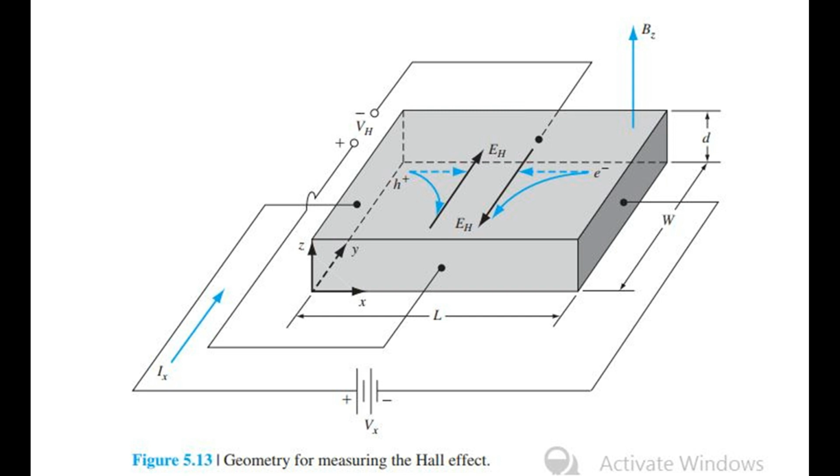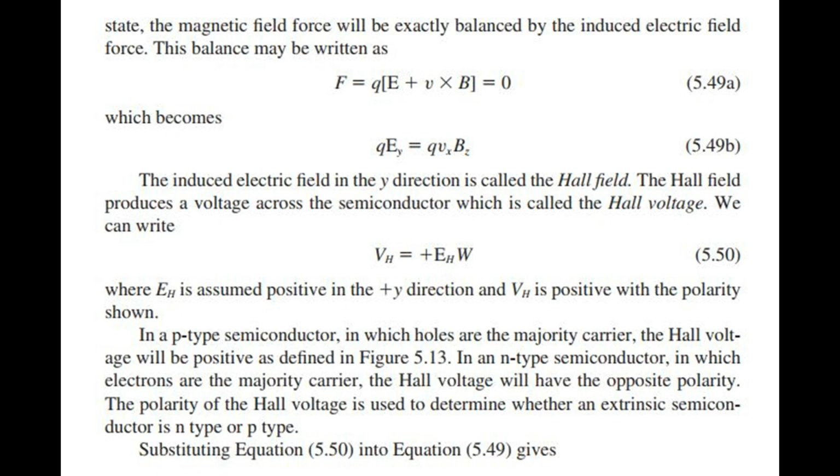This balance may be written as, which becomes, the induced electric field in the y direction is called the Hall field. The Hall field produces a voltage across the semiconductor which is called the Hall voltage. We can write, where E is assumed positive in the y direction and V_H is positive with the polarity shown.